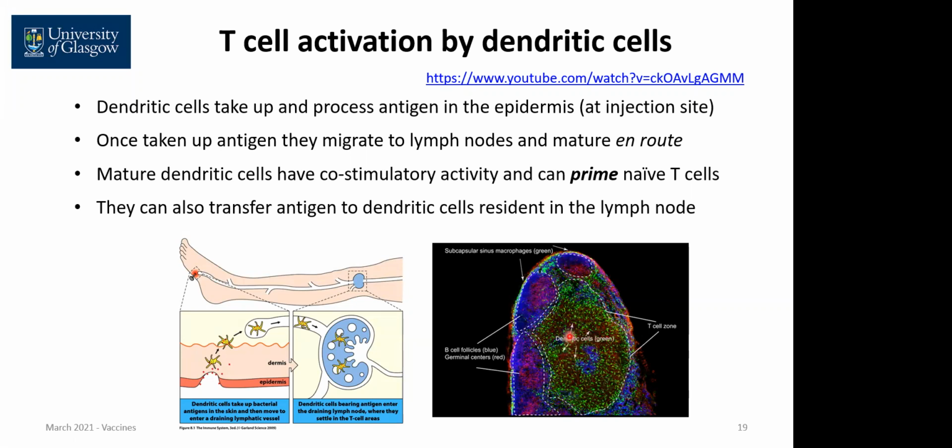You can see the dendritic cells are stained in green, whereas the T cells are stained in red. What you're able to see is that there are interactions between the dendritic cells and the T cells. Ultimately, what's happening here is that dendritic cells are priming naive T cells. That is the process of activating and differentiating naive T cells into different subsets, such as T helper cells. Priming is the scientific name for that process.